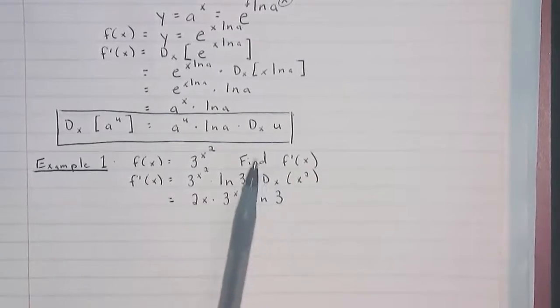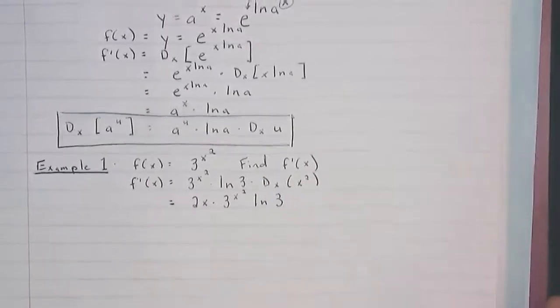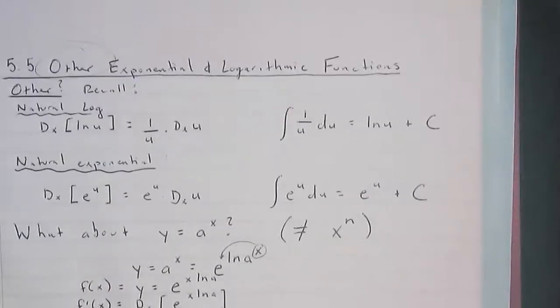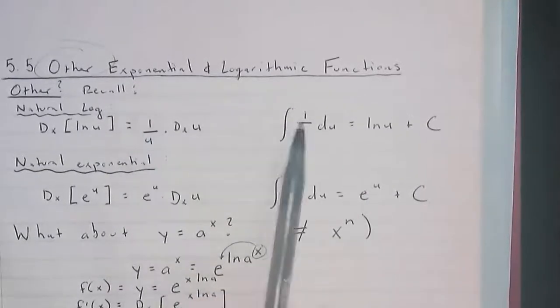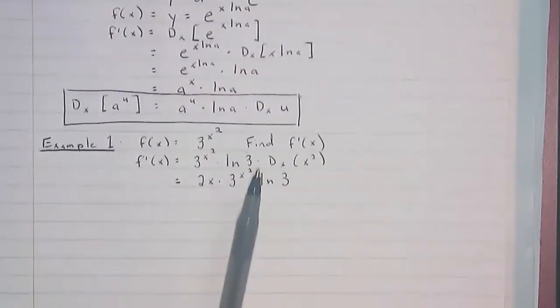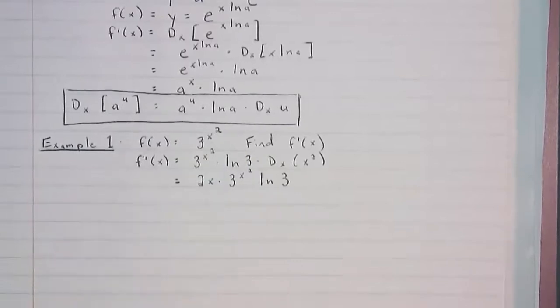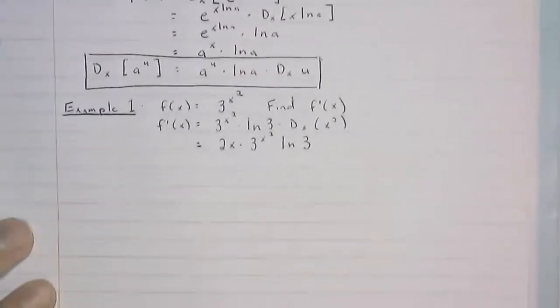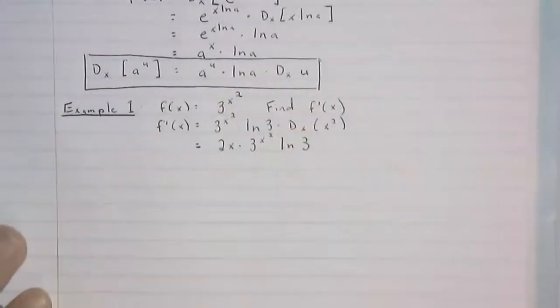But now the question is, what about the other direction? Because so far we've had all these two-way streets. Differentiate, integrate. Differentiate, integrate. What do we integrate to get back to a to the u? I'm going to give you what the rule is, and then we'll do a quick check.